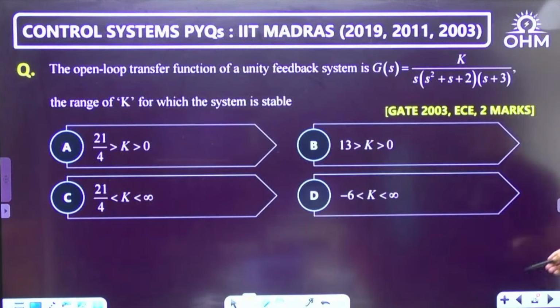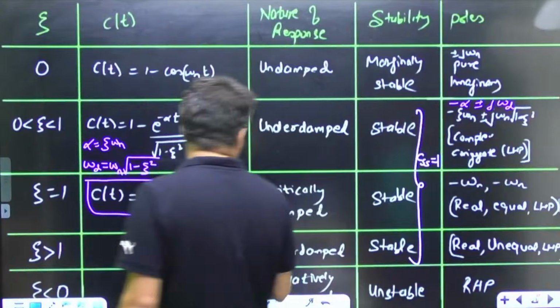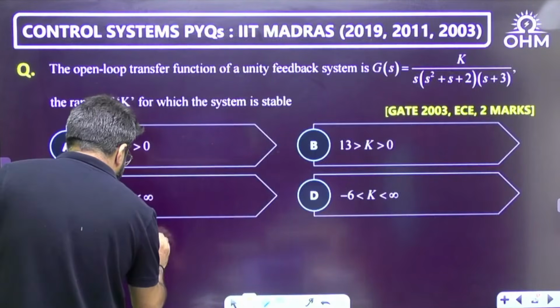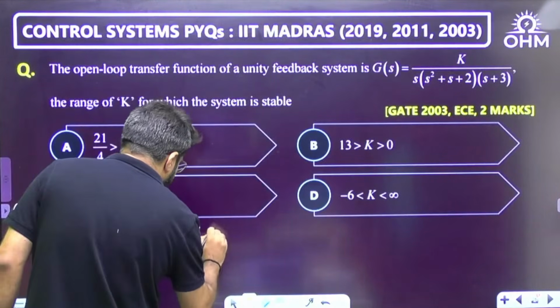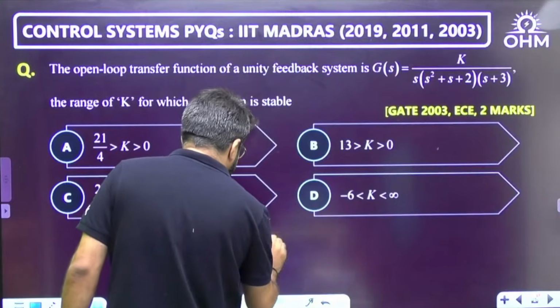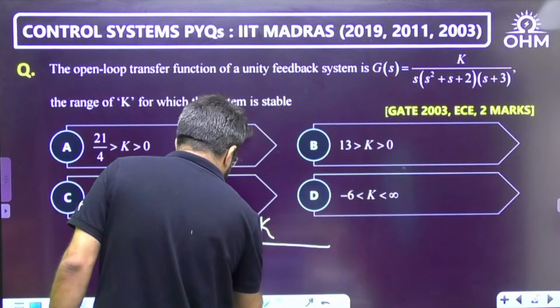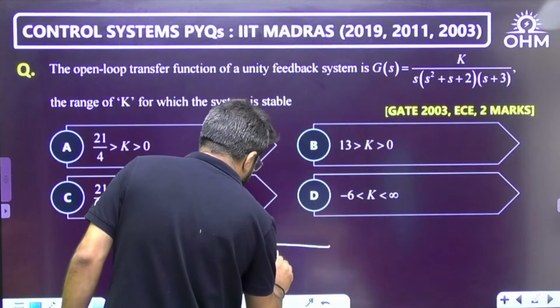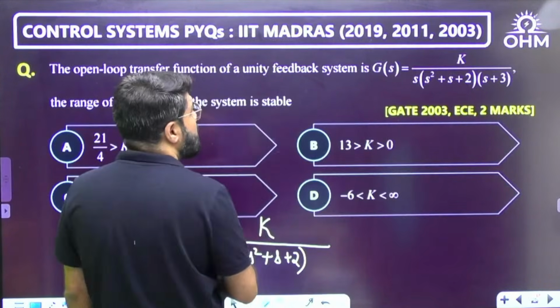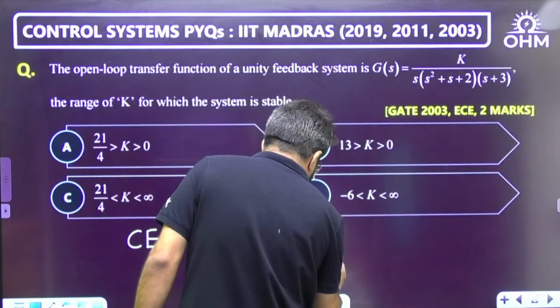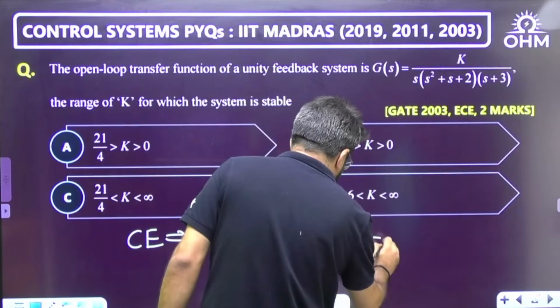So I'll first form the characteristic equation. It is 1 plus G(s)H(s), that is k by s into (s square plus s plus 2) into (s plus 3), equal to 0.